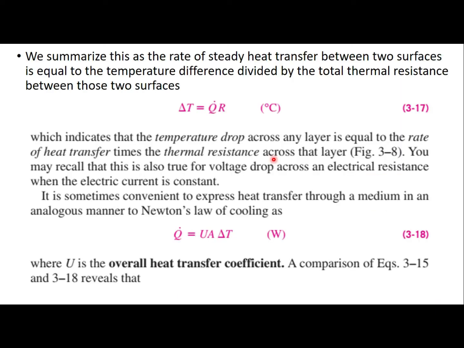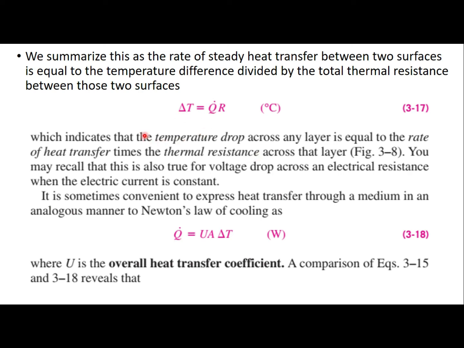We summarize this as: the rate of steady heat transfer between two surfaces is equal to the temperature difference divided by the total thermal resistance between two surfaces, and it can also be expressed as delta T is directly proportional to the thermal resistance, which indicates that the temperature drop across a layer is equal to the rate of heat transfer times the thermal resistance, and the mathematical form of this sentence is mentioned here.